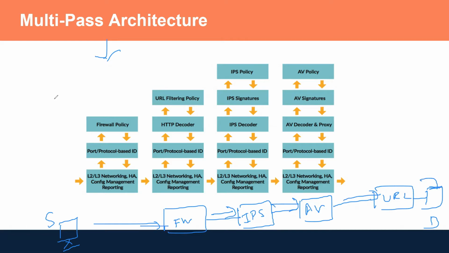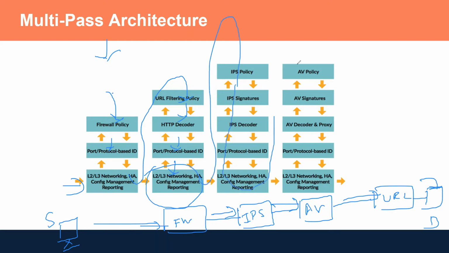In that case, what happens? When any packet goes from source to destination, it would be checked by the firewall policy. In the firewall policy, it would check port and protocol. Then it would check layer 2 and layer 3 addresses. After that, the packet would go to the URL filtering module. Here it would check the URL, protocol and port again, and layer 2 and layer 3 checking happens again.